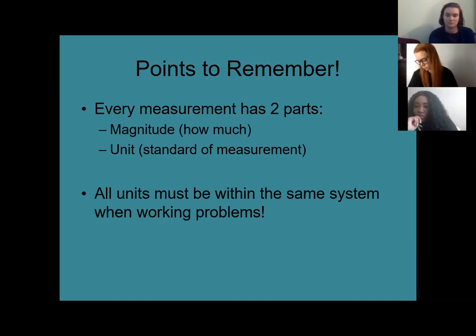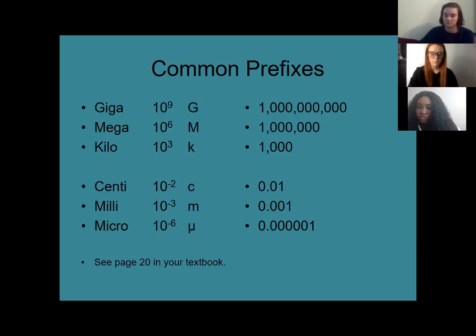Because we have to convert, we have to be able to understand conversion problems, unit conversion, and we also have to understand the prefixes used in the metric system. On page 20 in your textbook, there's a table that has common prefixes that we will be using.